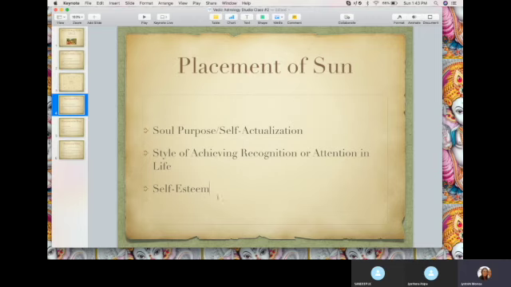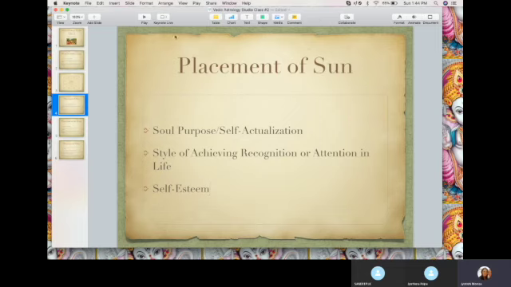So whatever house the sun is placed in, it shows our style of achieving recognition, what we want to be recognized for, what we like having attention in, or even at a subconscious level, how we actually express ourselves in the world. So it can be conscious or subconscious, but it will be a very important placement in the chart, because it's connected to our soul's purpose. It's connected to a very innate quality in our charts.